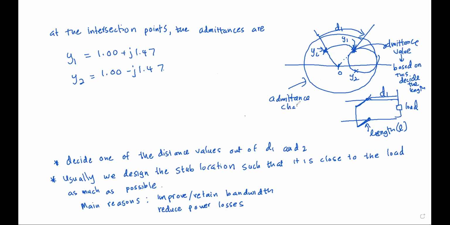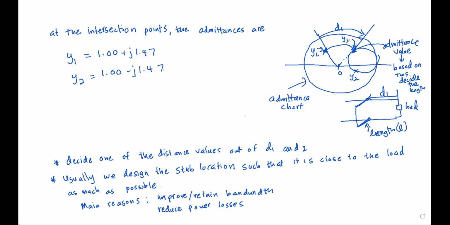So you don't have to get confused whether this is the impedance value. Sometimes you will think this is the impedance value, but since we have started with the admittance value, the extension of that admittance value is also another admittance value. After we have decided the admittance value for the load, we are continuing all the calculations in terms of admittance.